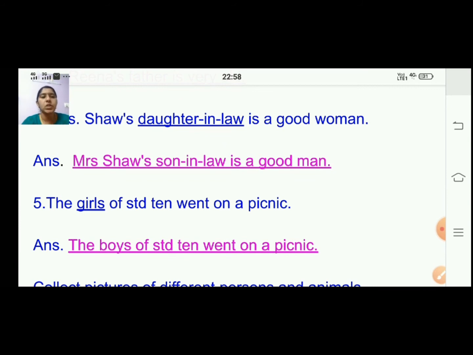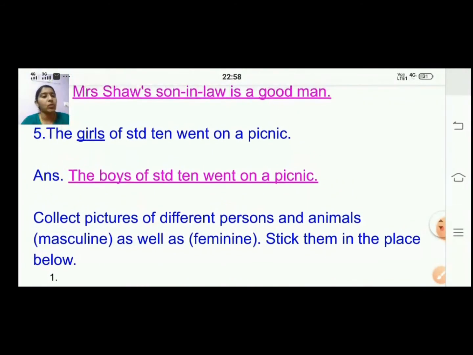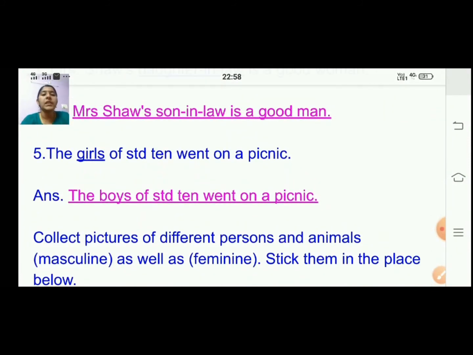After this, you have a topic. If you have the book, you can do that, right? Collect the pictures of different persons and animals, masculine as well as feminine.